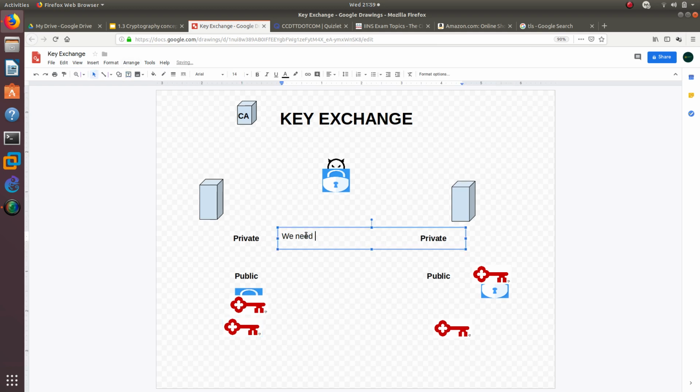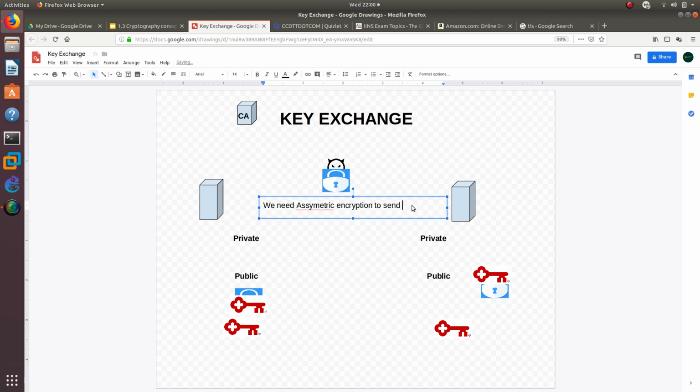We need asymmetric encryption to send over our shared symmetric public key. That's what I meant.